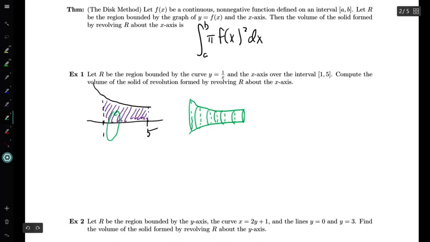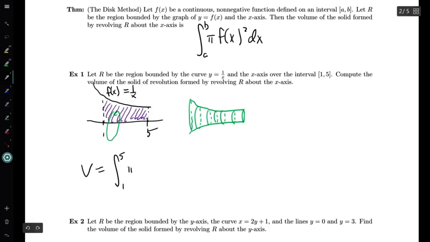And in order to compute its volume, well, we have a formula for it. It says take the function which forms the upper bound. That is the function, so here my f of x is 1 over x. And what I want to do is integrate from 1 to 5, since the lower bound on x is 1 and the upper bound on x is 5.